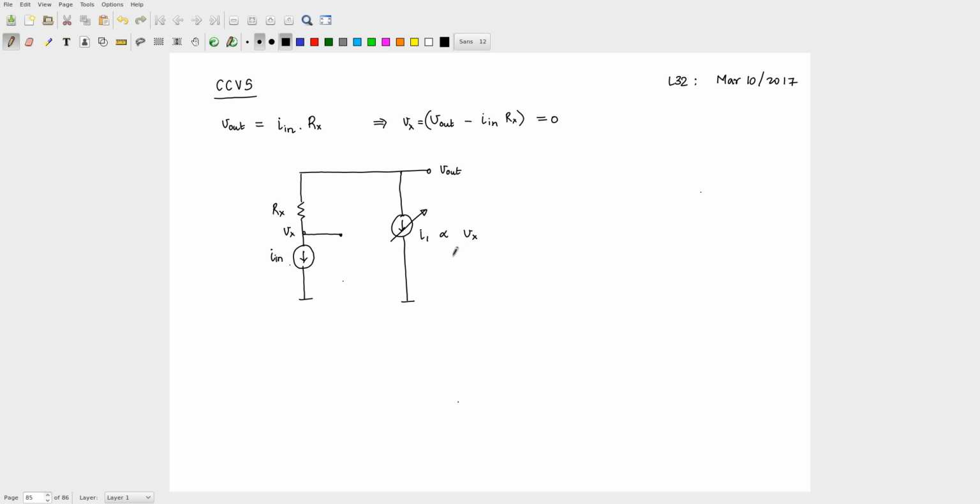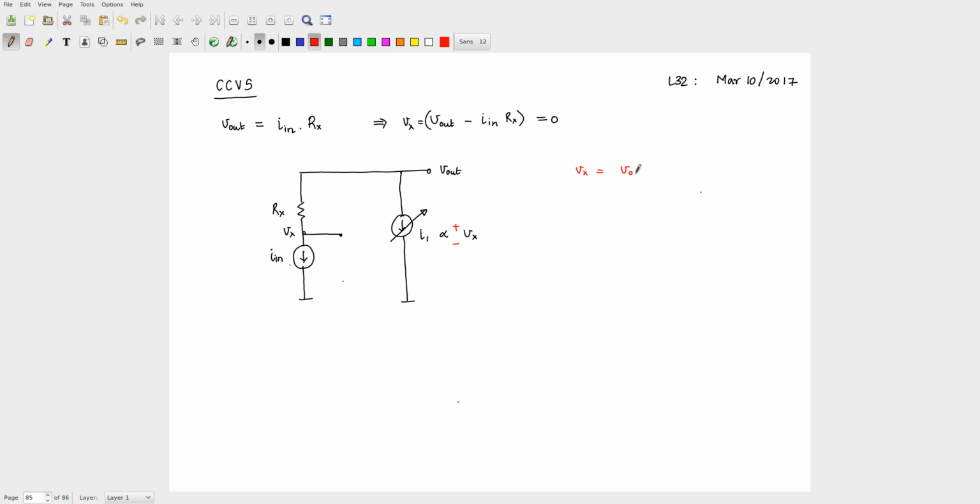It is very important to fix that sign, because the sign determines whether you are in a negative feedback loop or a positive feedback loop. We don't know whether this is plus or minus, so let us take the minus case and do the analysis. Now, what is your Vx?